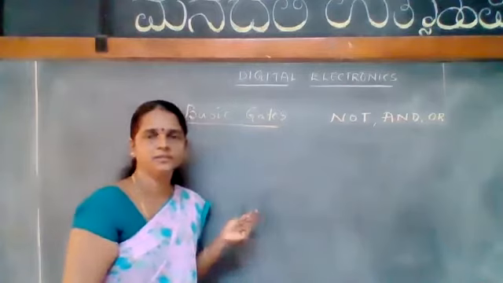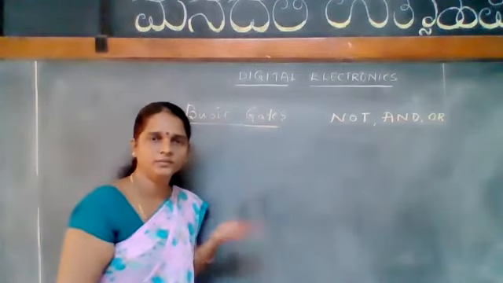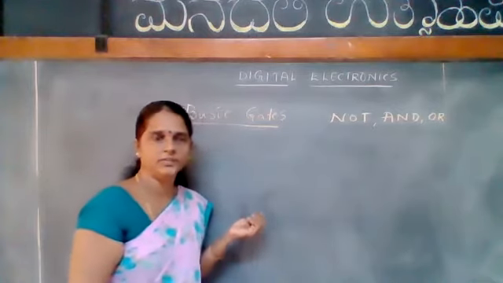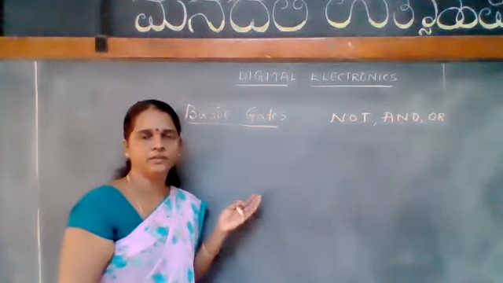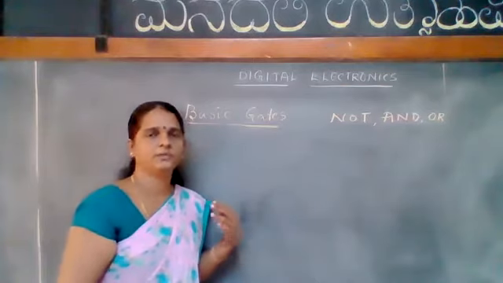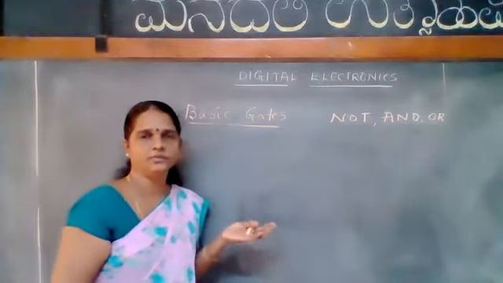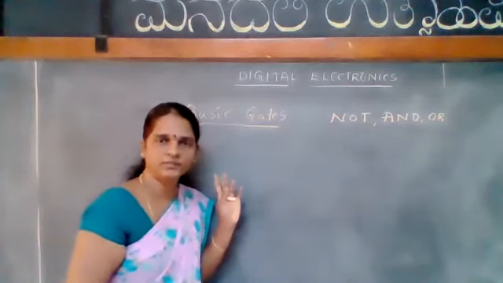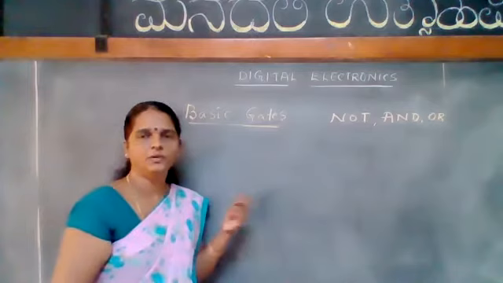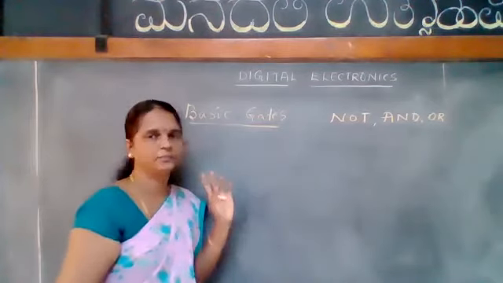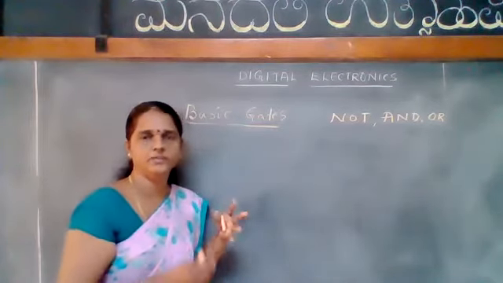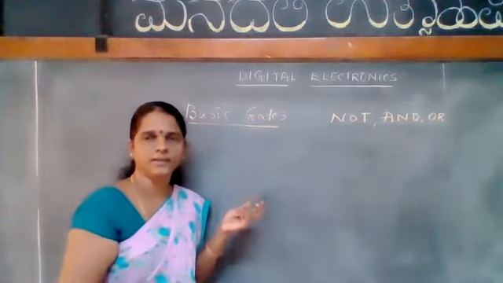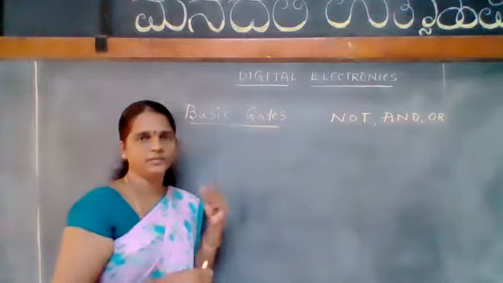These are nothing but the fundamental units or the fundamental devices which are used in digital electronic circuits. Whatever may be the circuit, the fundamental unit used in the digital electronic circuit is a gate. This gate mainly consists of diodes, transistors, resistors, capacitors, or inductors.